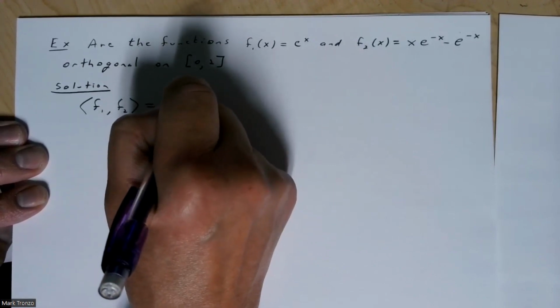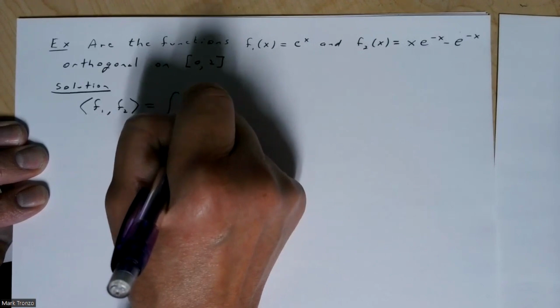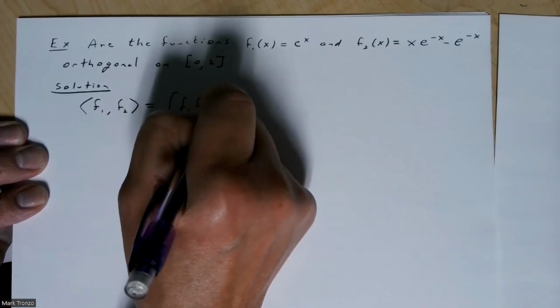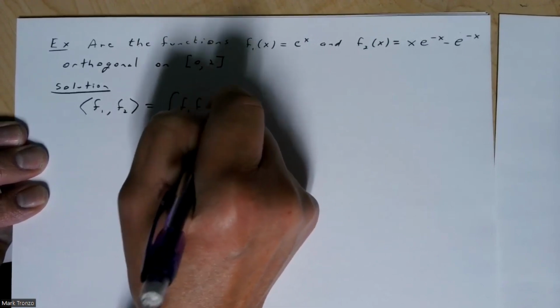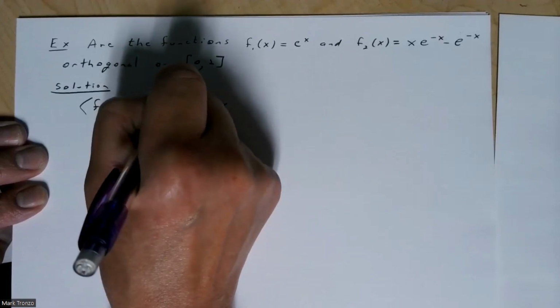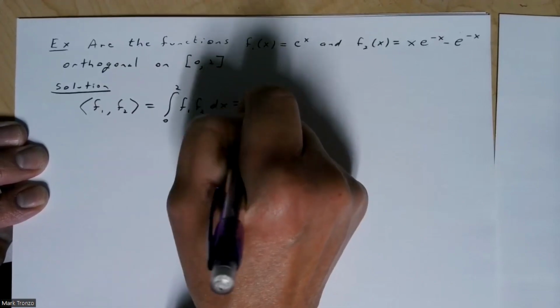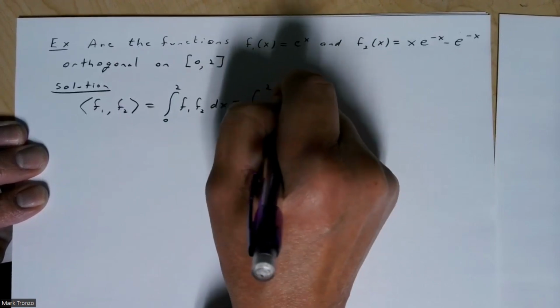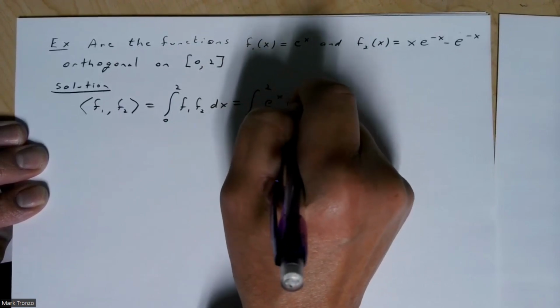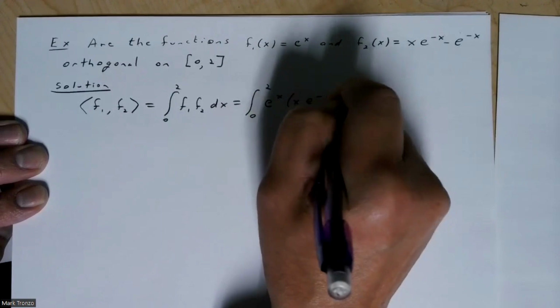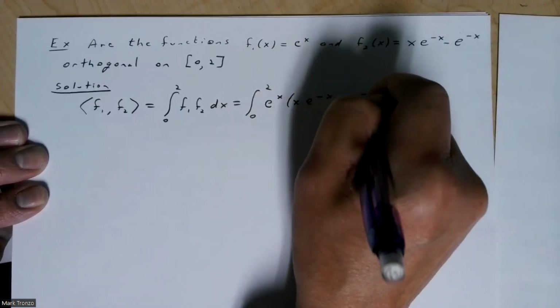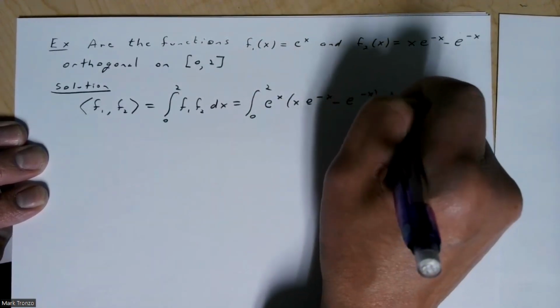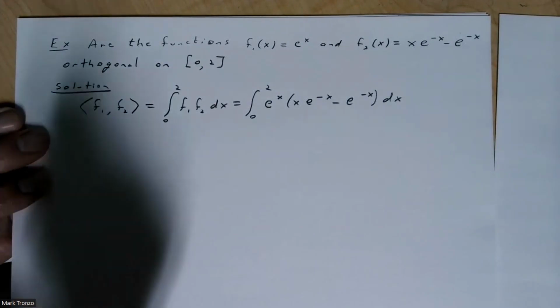This is going to be the integral of f1 f2 dx from 0 to 2. And put our functions in: e to the x times e to the minus x dx.